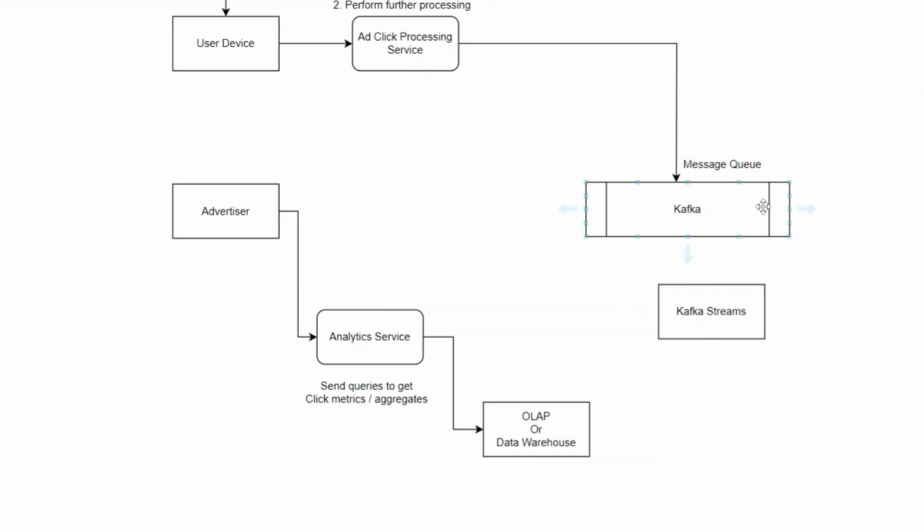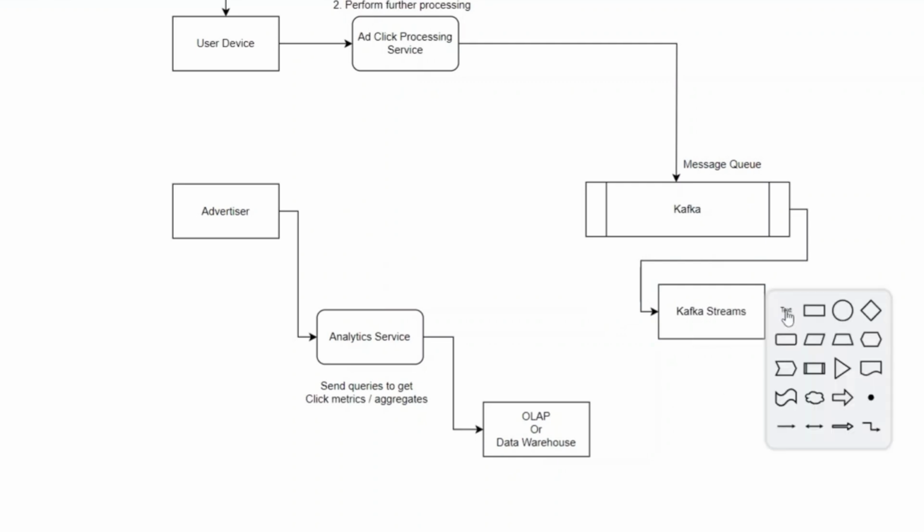All the messages from this stream will be processed here. All the information from this processing service which comes in this queue would get processed one by one in Kafka Streams, a stream processor.